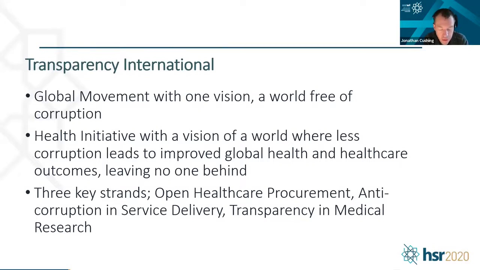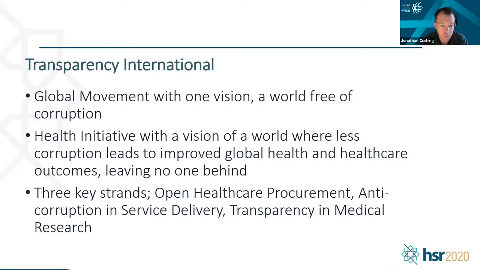We at the Health Initiative are the technical team, if you like, who work with chapters around the world to try and ensure that corruption in health is stamped out, and that in doing so, we get more efficient, more accountable health systems in countries. In doing so, we hope to achieve SDG 16, which is anti-corruption, and also SDG 3, which is health, and contribute to the achievement of universal health coverage.